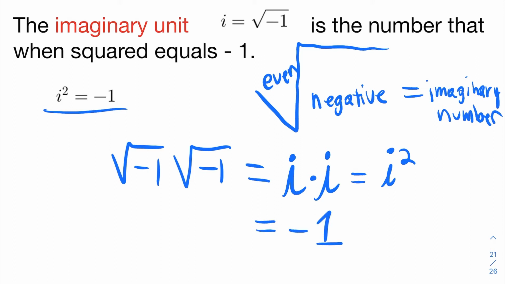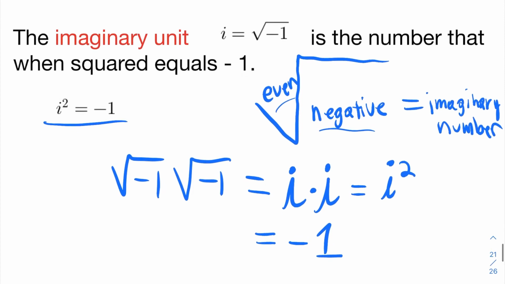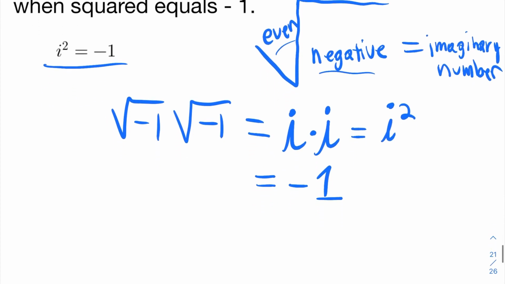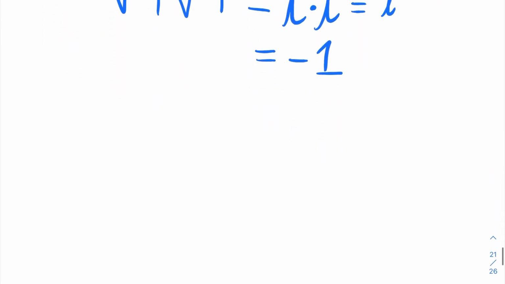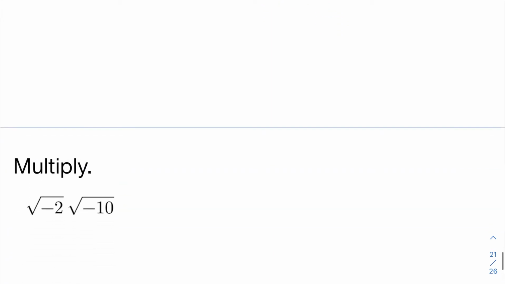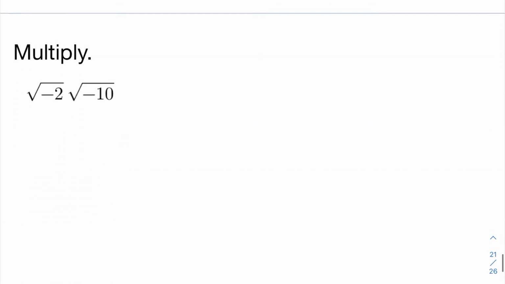So anytime you have an even index with a negative number underneath, you're going to have an imaginary number, and when you multiply them, you have to see the factors of i. If you don't see the factors of i, it's very easy to get the wrong answer. So for instance here, once again, we can't use the rules for multiplying real numbers because these are not real.